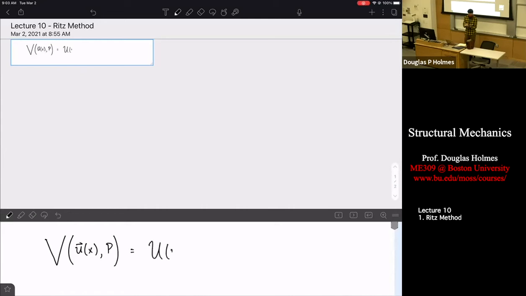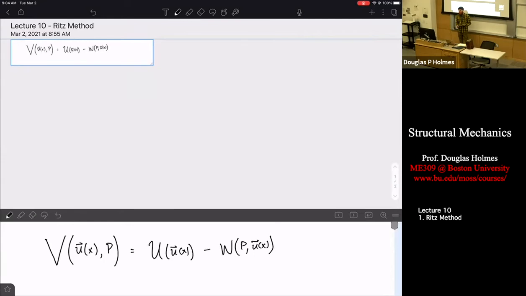So our strain energy is a function of our displacement vectors, minus our work, which is a function of force times displacement vectors, maybe moments times angles.